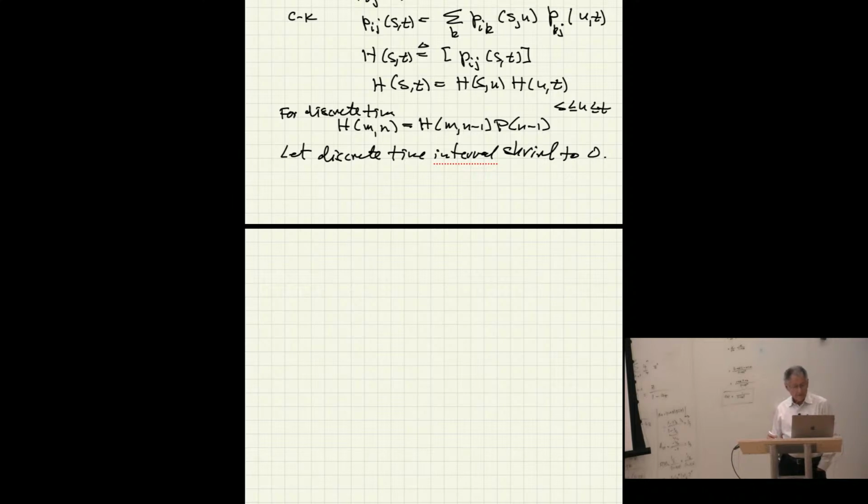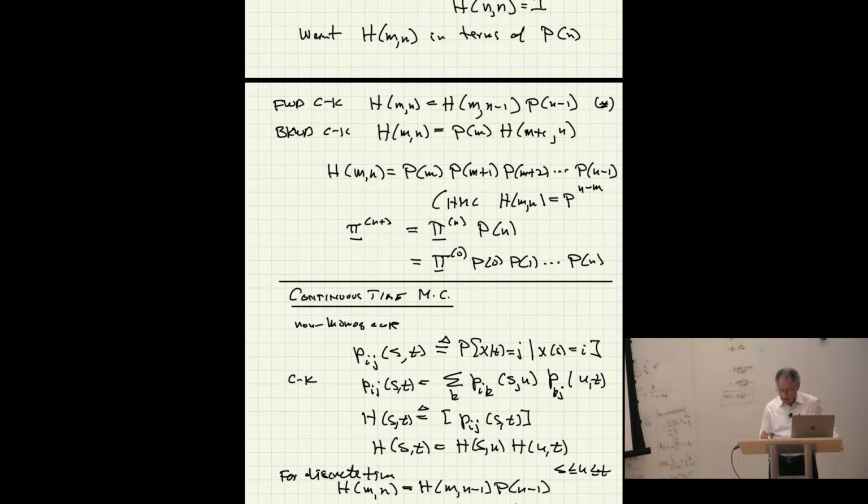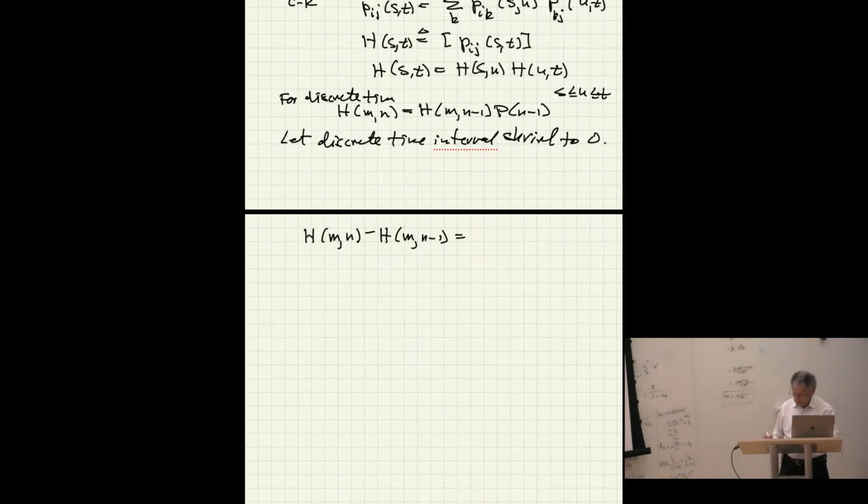So what do we have? We had H of m and n minus H of m and n minus 1 is equal to, now what is H of m and n? Go back to that asterisk equation. H of m and n is given this way. And I want to use that now in my equation. So I'm going to write it this way now.